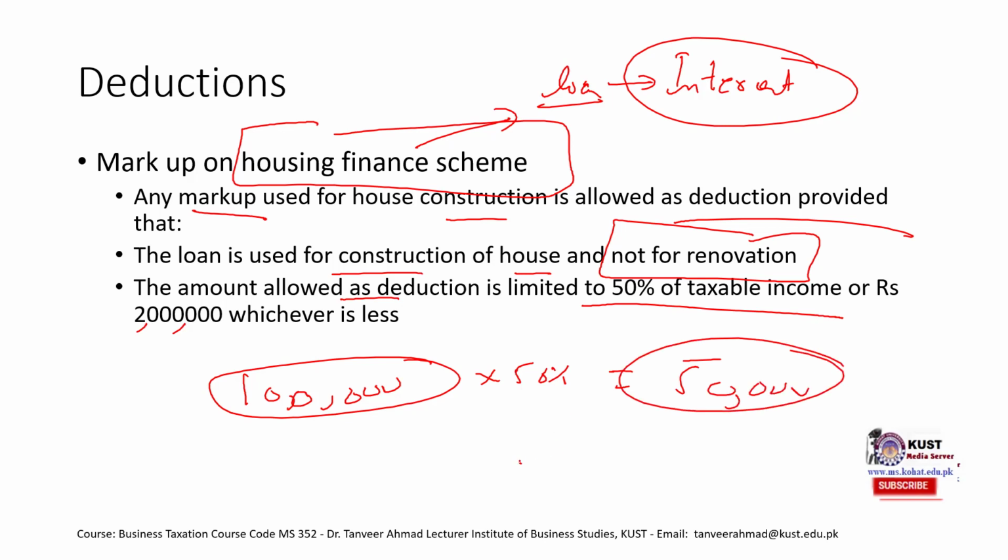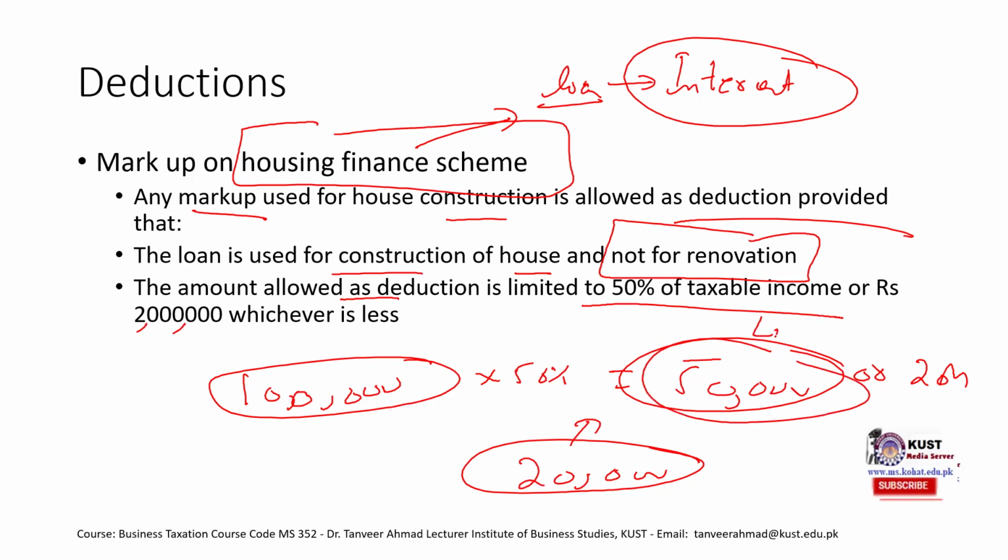So if the interest that we are paying is 20,000 rupees, then we can deduct this interest. Why? Because the limit is 50% or 2 million, whichever is lesser, right? So which one of these is less? This 50,000 is less. So this would become our limit in case of deduction in house financing.